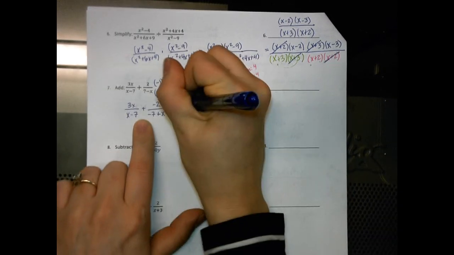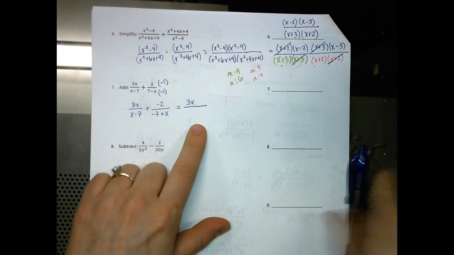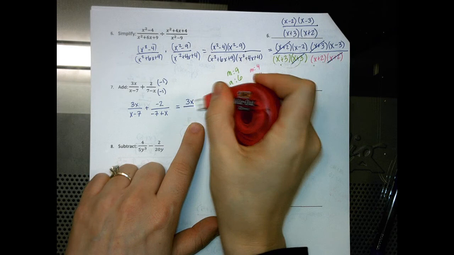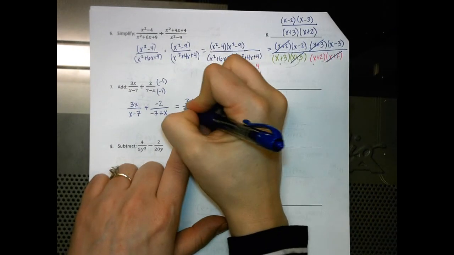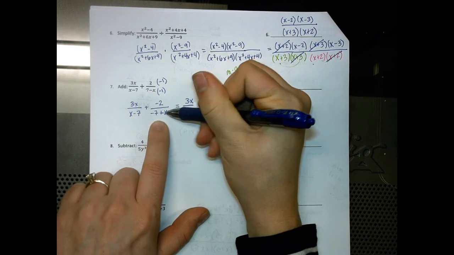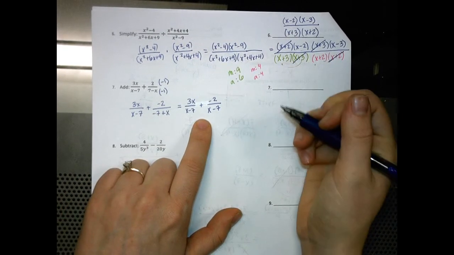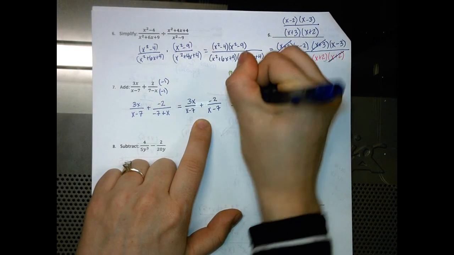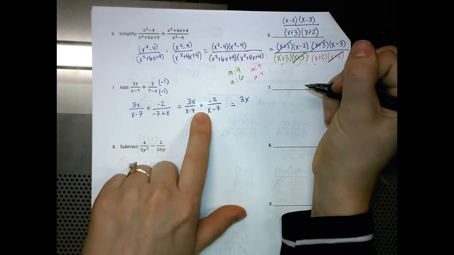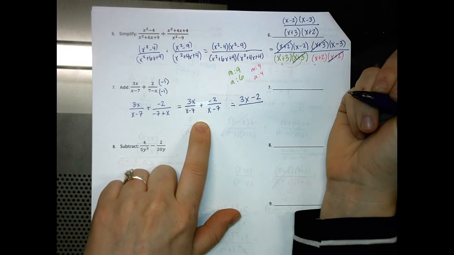Even though they're not written in the same order, this would be the same as rewriting x minus 7, and then I have a positive x and a -7, so that's x minus 7 as well. Which means you can combine your numerators to 3x, what? Minus 2 over x minus 7.